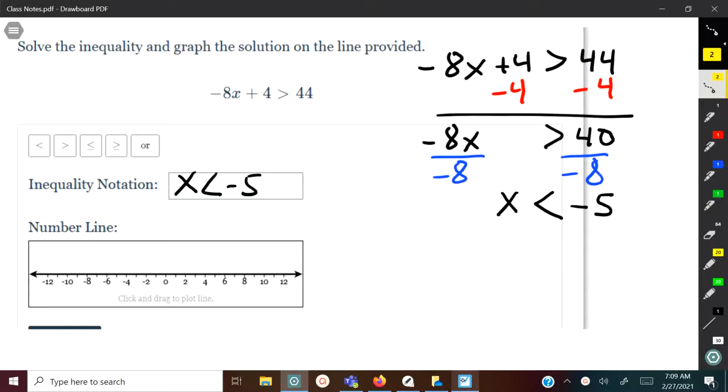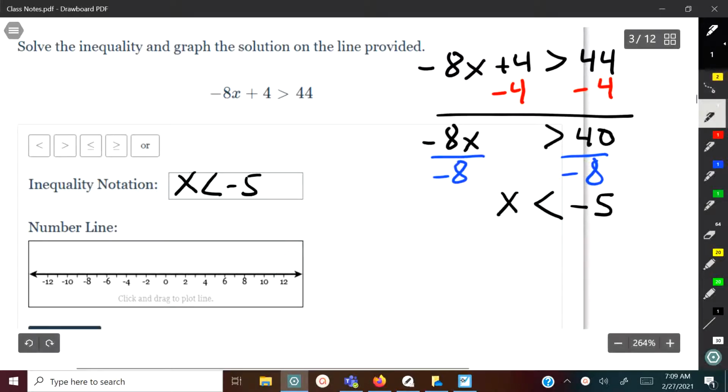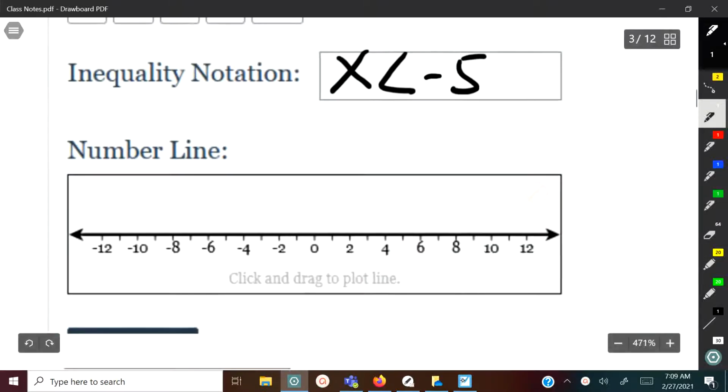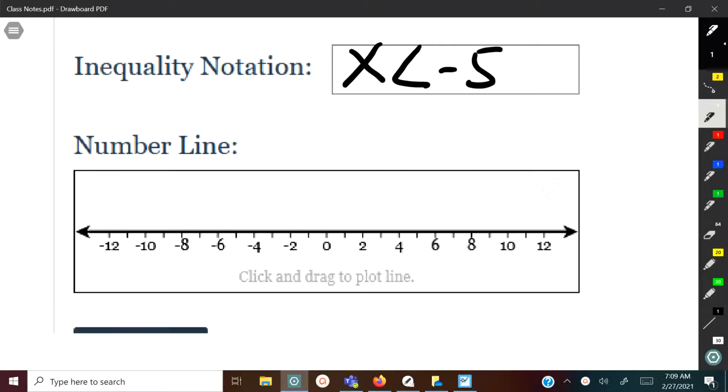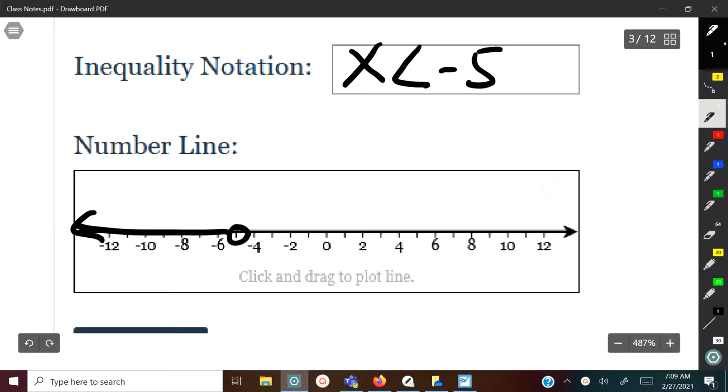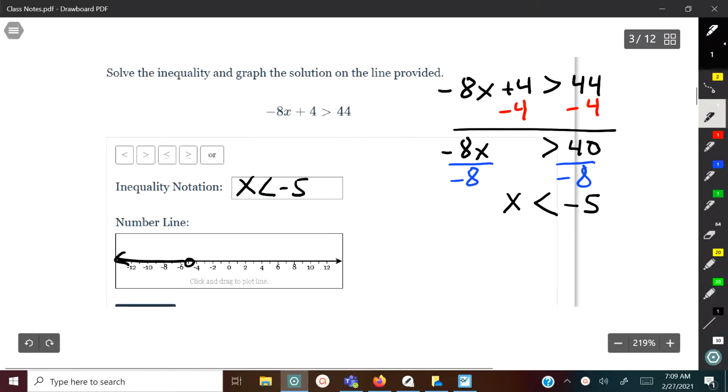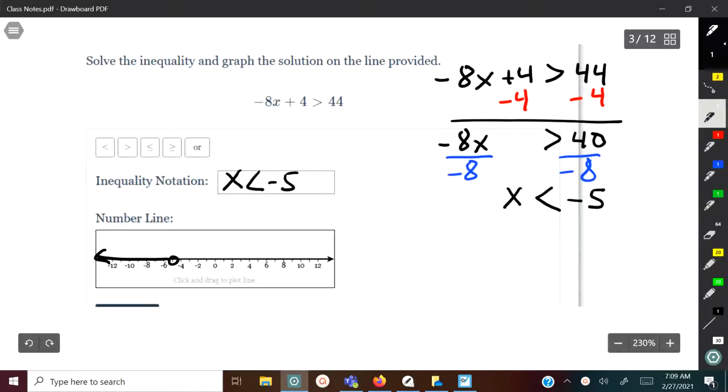So now I'm going to have an open circle at negative 5, which is here. I'm going to zoom in. Negative 5, open circle, and go less than. And that's it.